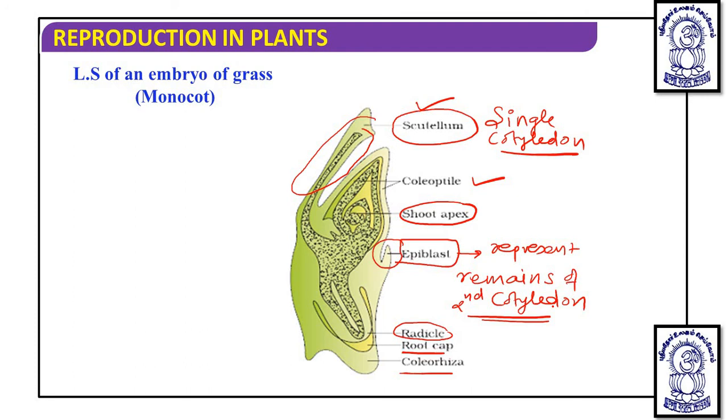So evolution occurred from two to one cotyledon, so one cotyledon was lost, and the remains of that must be present in the embryo of monocots, and these remains of a second cotyledon are shown in the epiblast. Okay, so you should remember this.